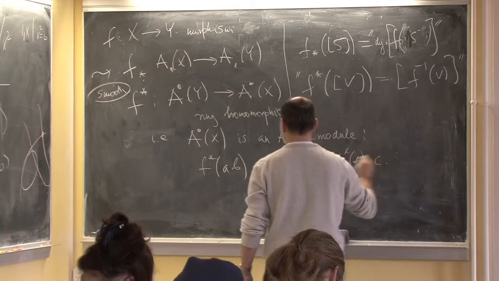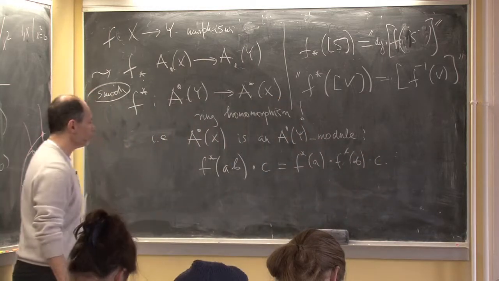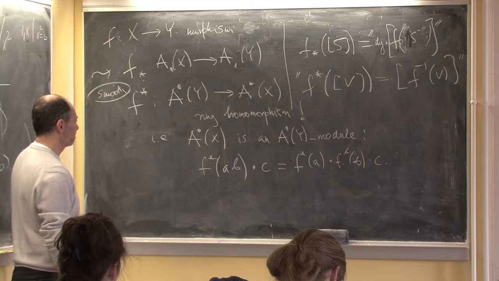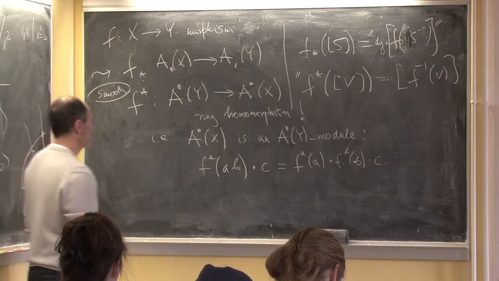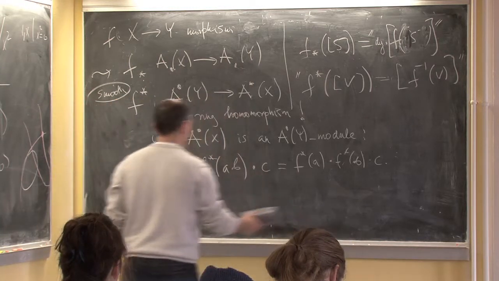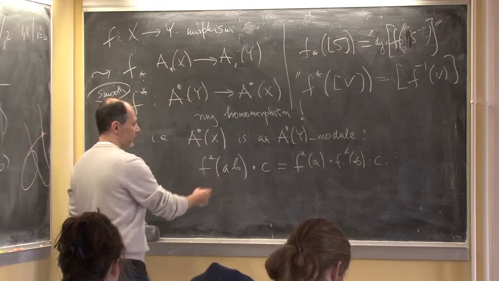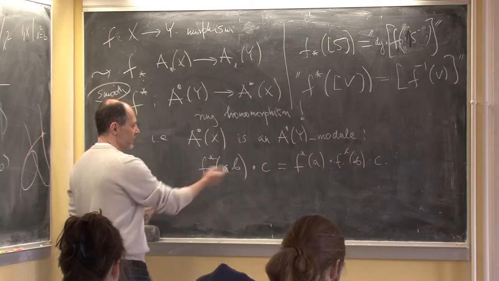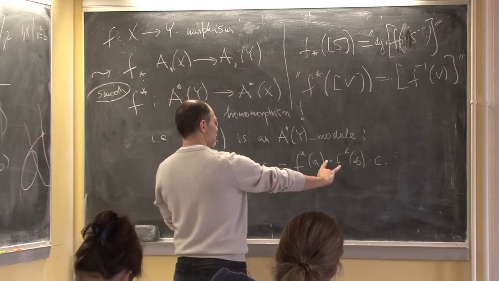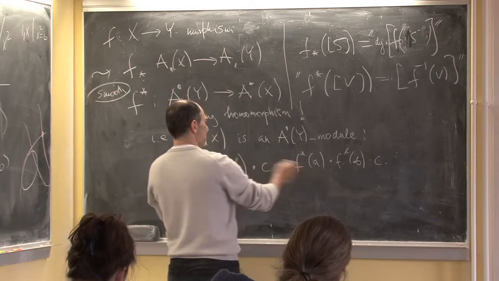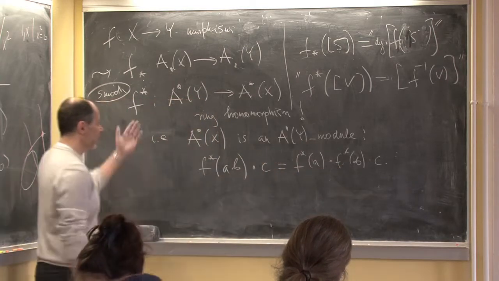I think it's something like this. So that at the same time says that this is a ring homomorphism, that this is the same as this, and also that it gives an A(Y) module structure.